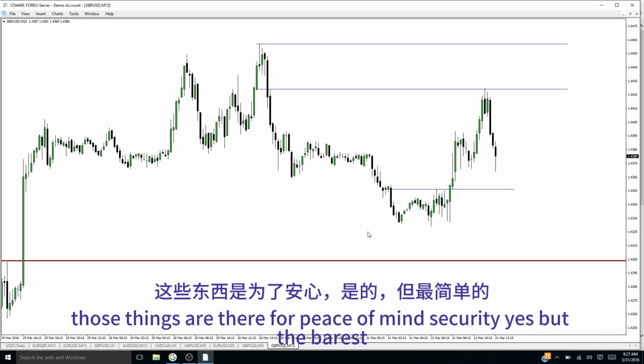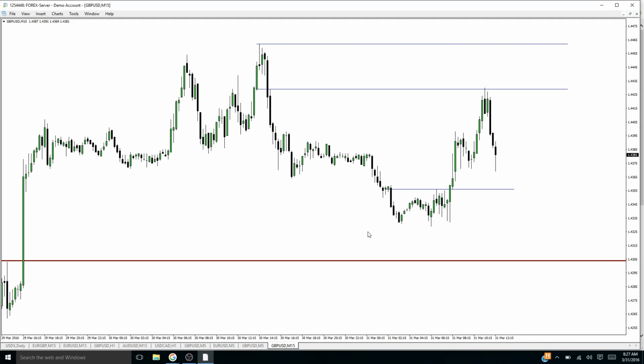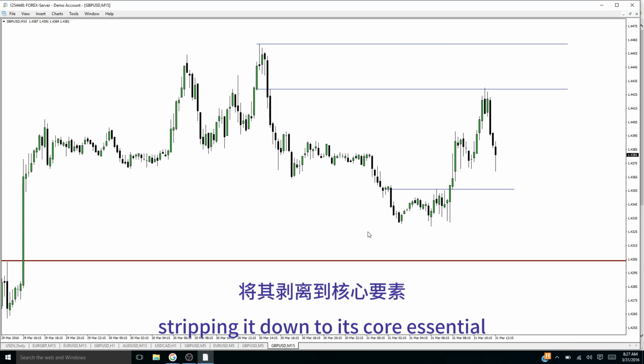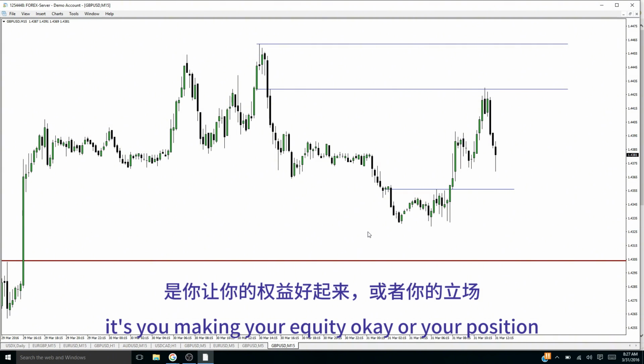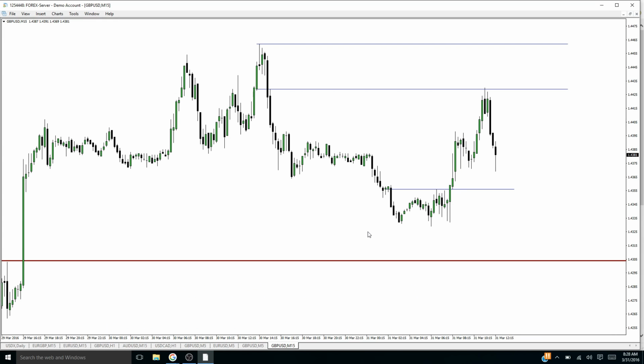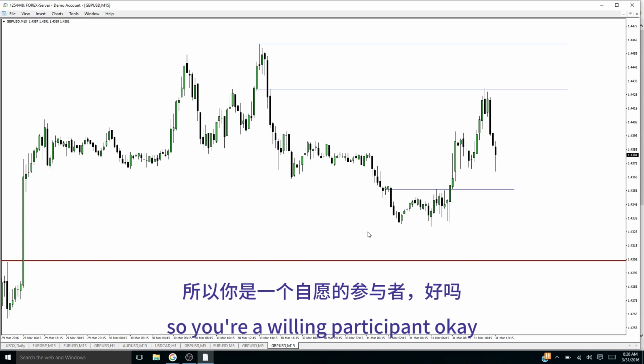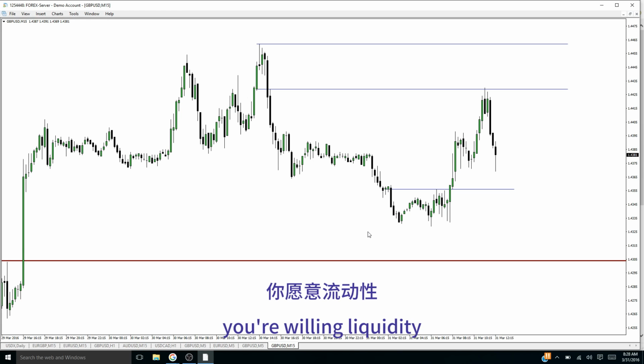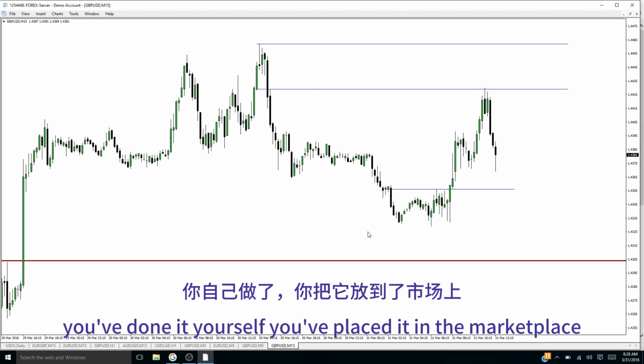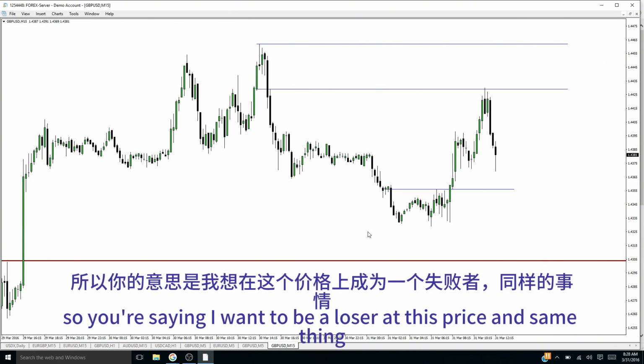But stripping it down to its core essential, it's you making your equity, or your position, vulnerable because that's exactly where you want to take a loss. So you're a willing participant, okay? You're willing liquidity. You've done it yourself. You've placed it in the marketplace. So you're saying, I want to be a loser at this price.